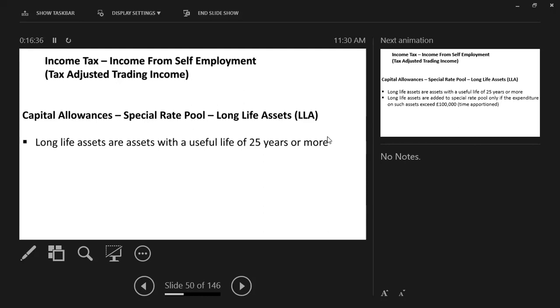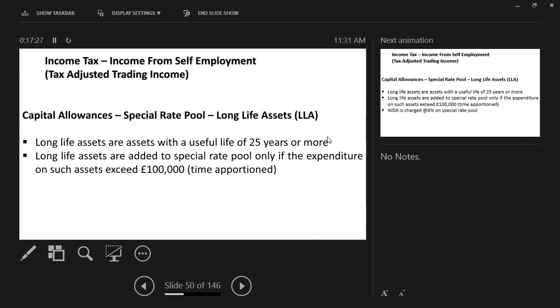Okay, long life assets. Please write this long life assets definition. Long life assets are assets with a useful life of 25 years or more. Second, please write this point and I'll explain this.